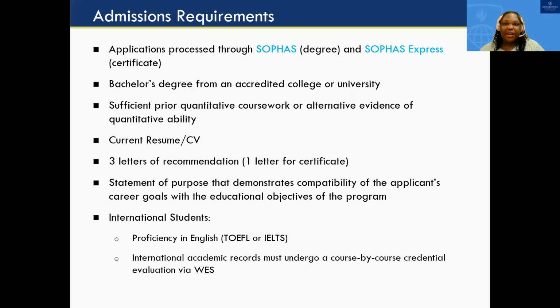More is always better. It gives us more of a holistic picture of your abilities. We also suggest at least one of those letters come from a superior, a supervisor, maybe an advisor you had at college. The other letters of recommendation can come from peers or colleagues who've seen your work experience.